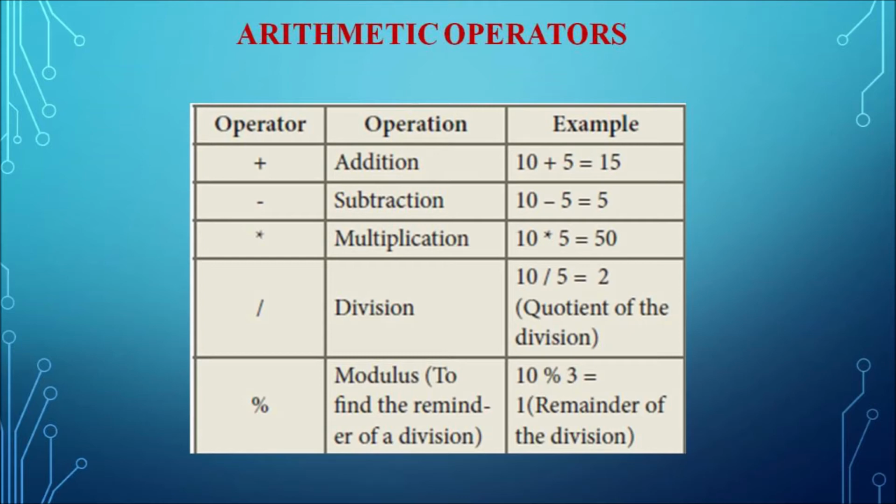So it comes under the binary operator because it has two operands. We already said that the values used by the operators for performing the action are called operands. This is about the arithmetic operators.